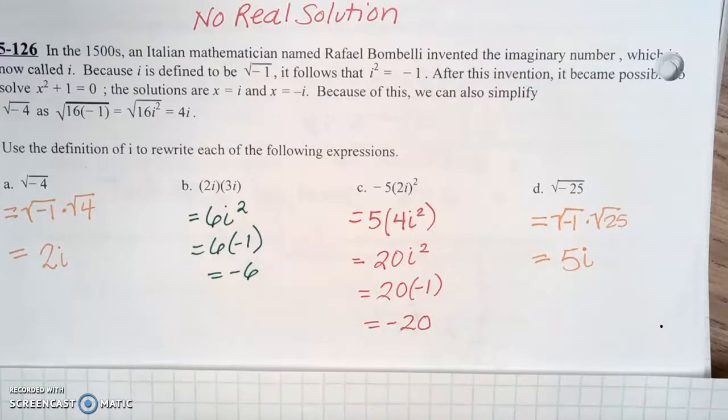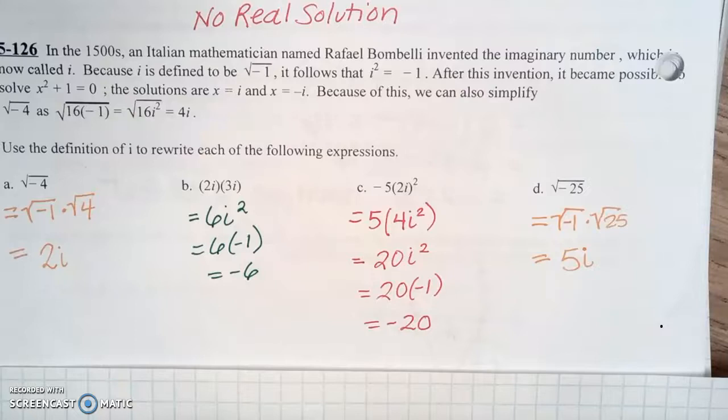All right, so for part A, we have the square root of negative 4, which we are going to rewrite as the square root of negative 1 times the square root of 4. Hopefully, the square root of 4 you can do in your head. Square root of 4 is 2. We just learned that the definition of the square root of negative 1 is i. So the answer is 2i. That's an imaginary number.